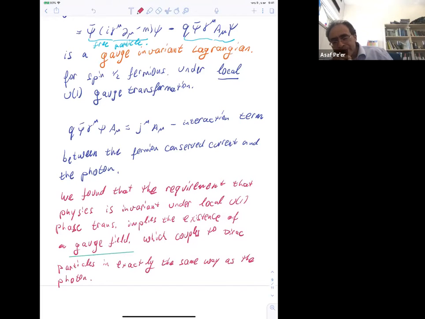Right. All QED can be derived by this requirement, invariance of the physics on the local U(1) transformation.